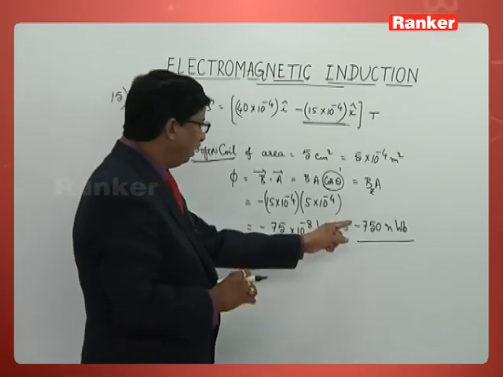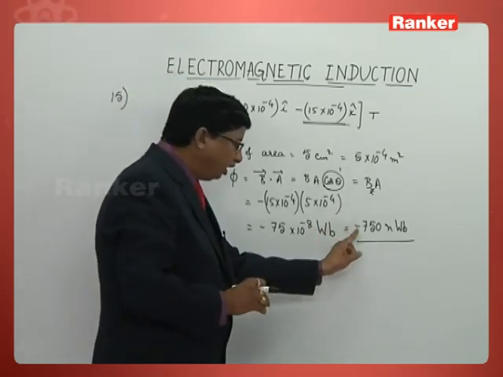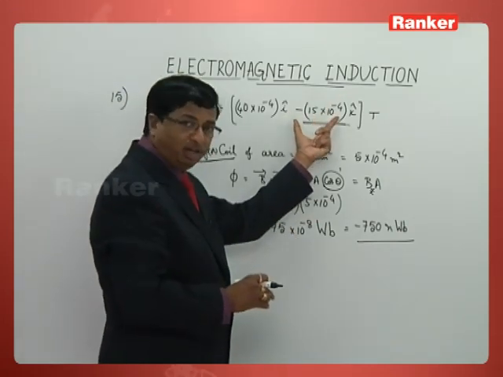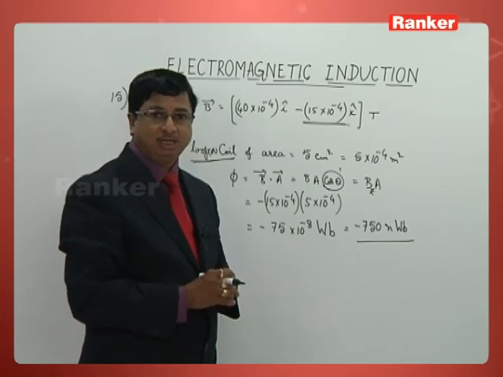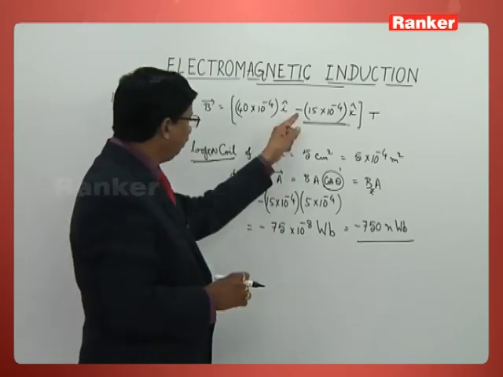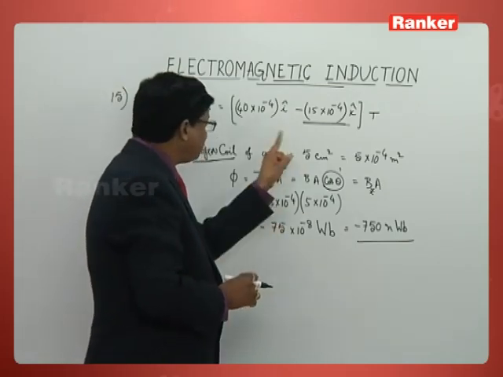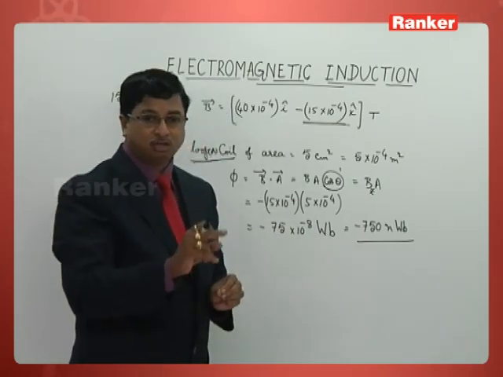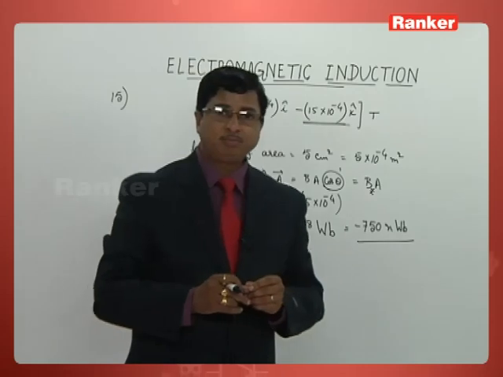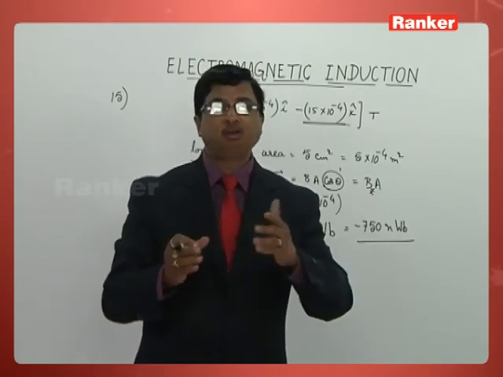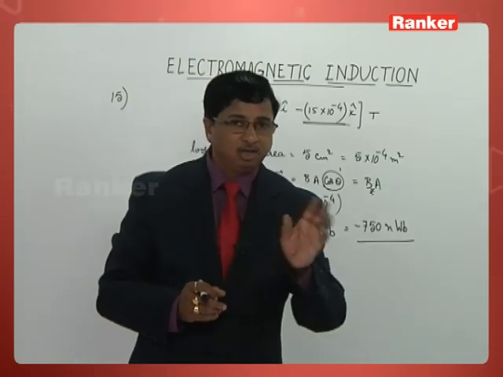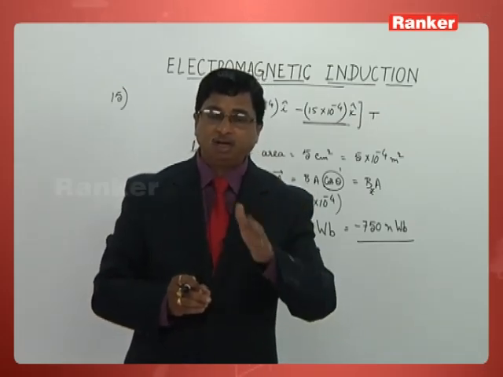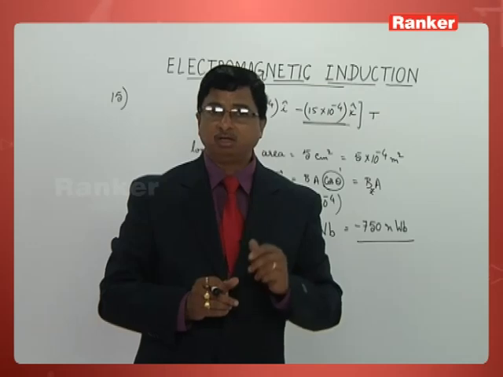And you can certainly understand where we are getting this negative sign from. The negative sign is in the coordinate along the axis of B, so that value with that same sign we have to consider, otherwise we go wrong. The first option, plus 750 nano Weber, is not the right option. The correct option is the second one, minus 750 nano Weber.